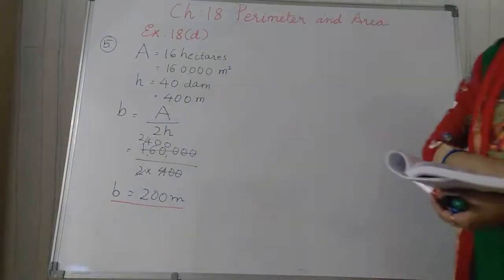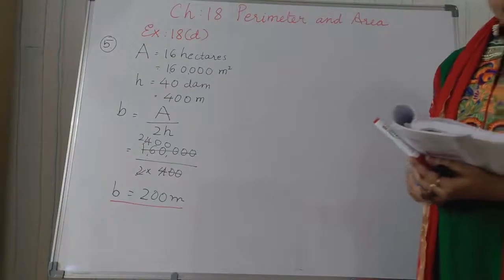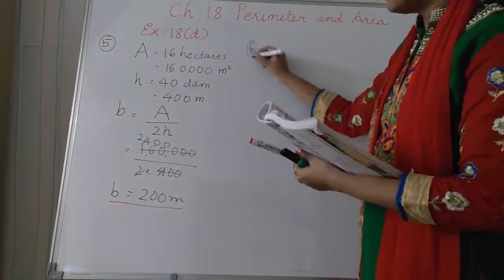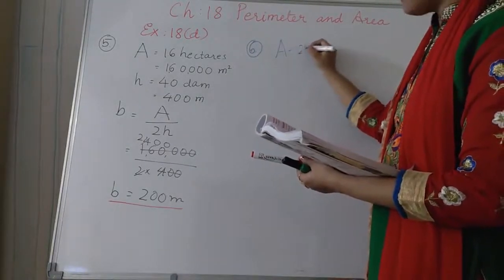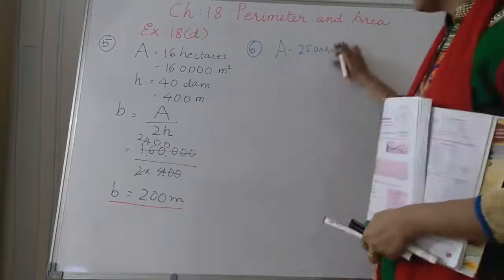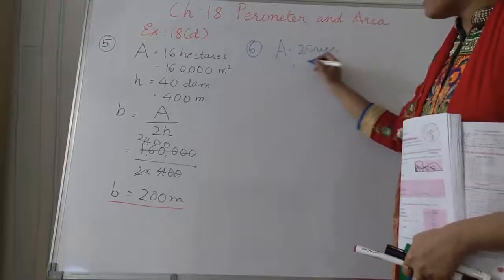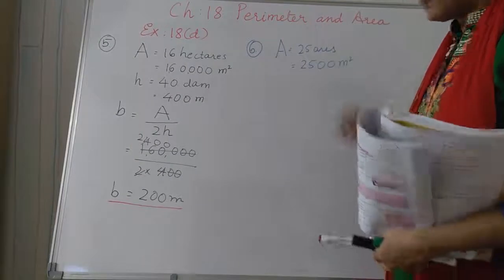In question number 6, find the altitude of the triangle if its area is 25 ares. So here the area is given, 25 ares. Students, 1 are is equal to 100 meters square. So 25 ares is equal to 2500 meters square.